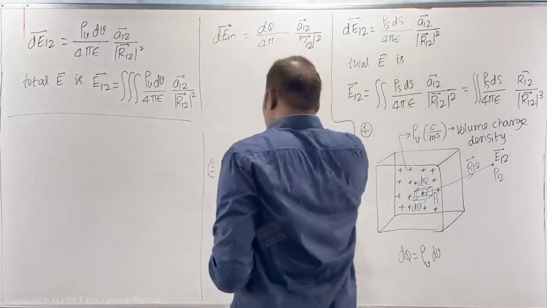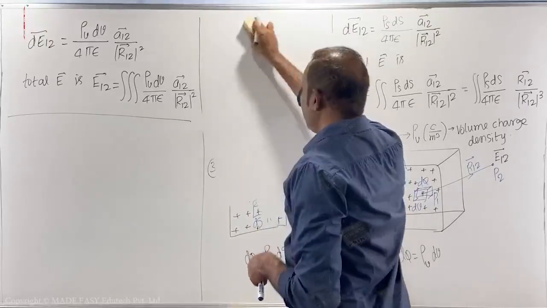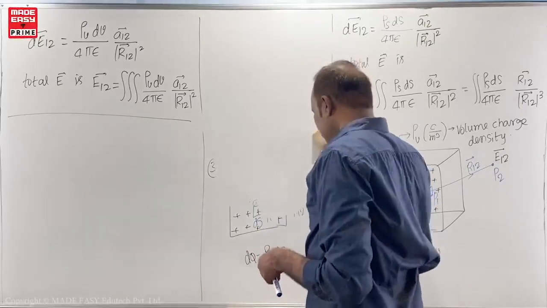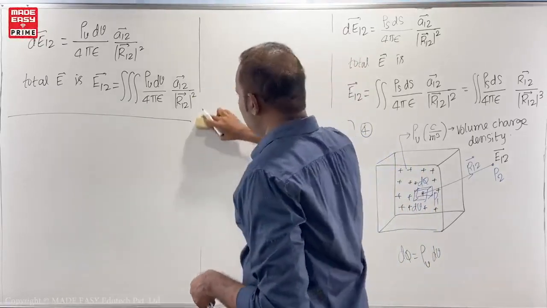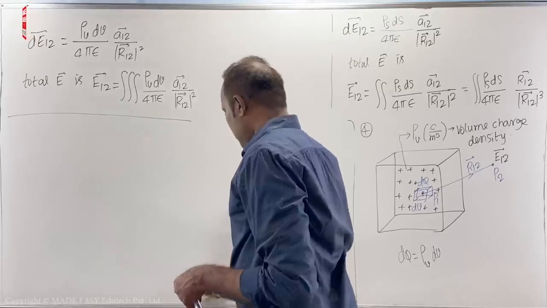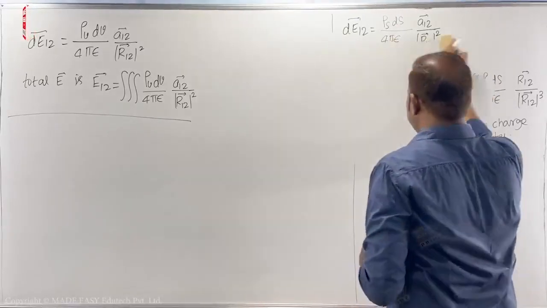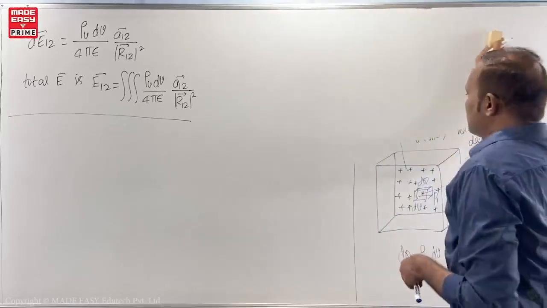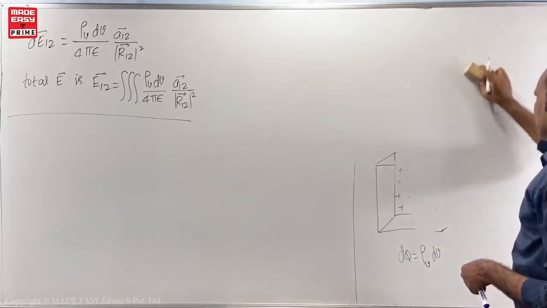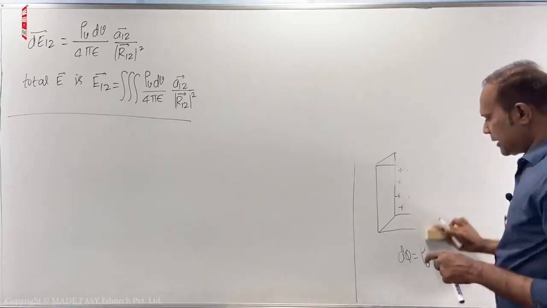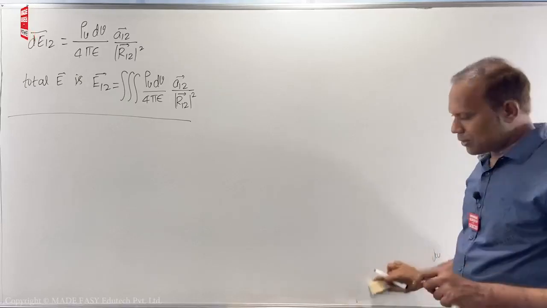Due to point charge, one formula, and due to line charge, one formula for electric field intensity, and due to the surface charge, one formula, and due to the volume charge, one formula. So point charge is one type of source. Then in case of line charge, finite long line is there, infinitely long line is also there.